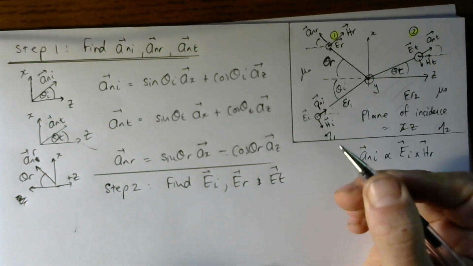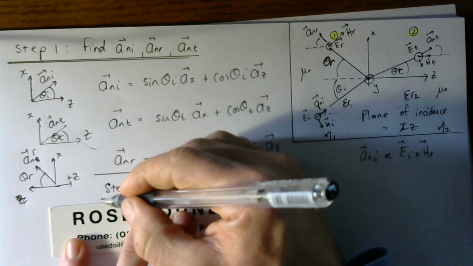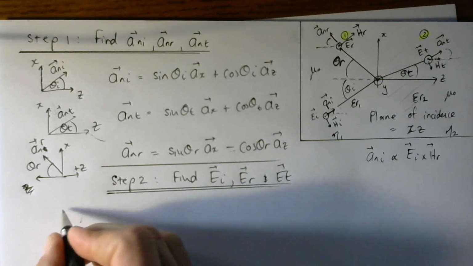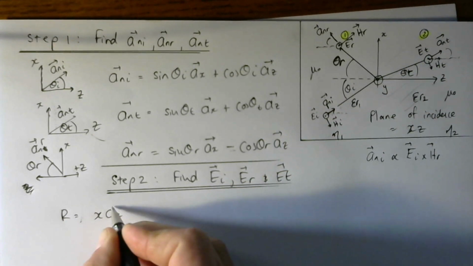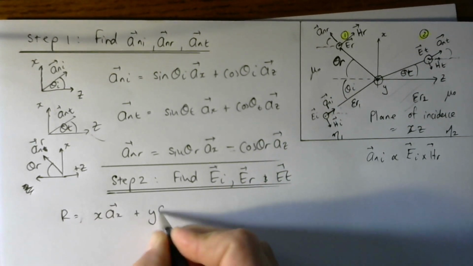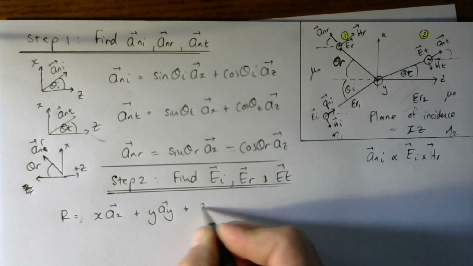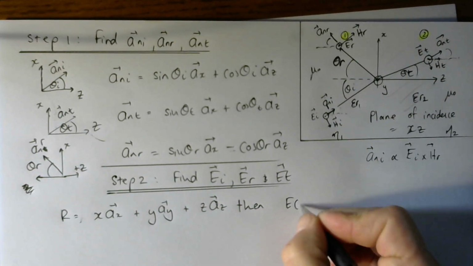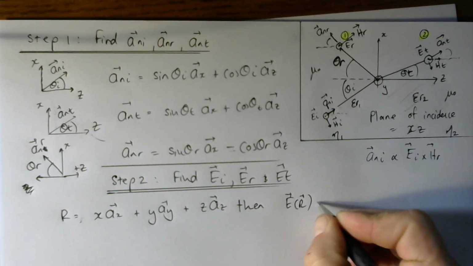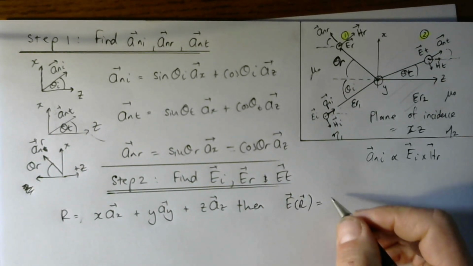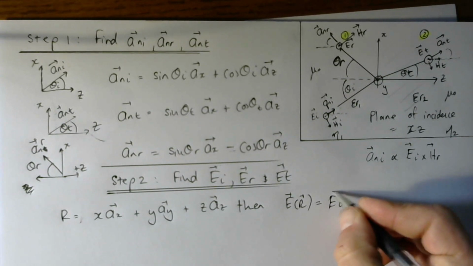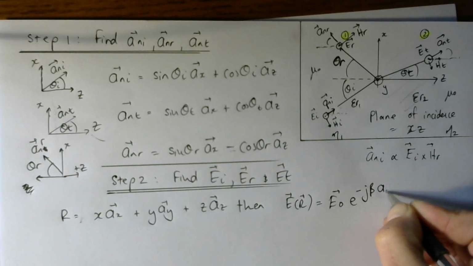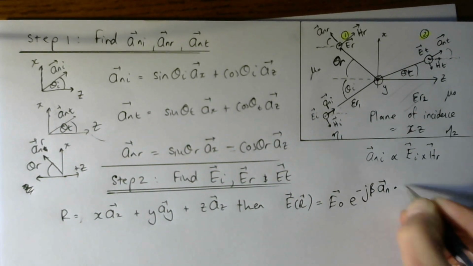And that's pretty simple because I know from the lectures that if I look at some point r equals x, y, and z, then an electric field vector can be expressed as some vector that looks like this: e to the minus j beta a_n dot r.